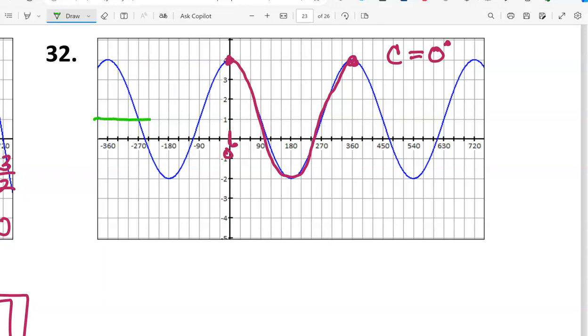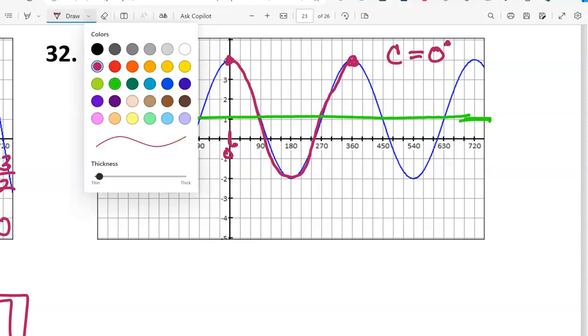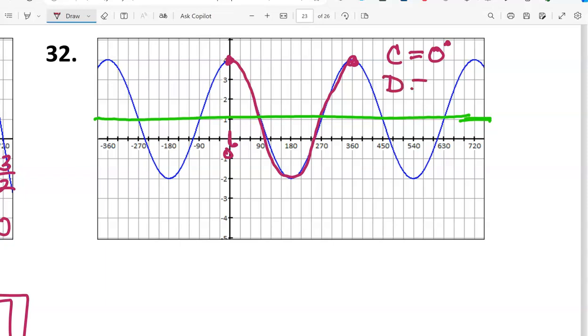The high value is +4, the low value is -2. If I average those two together, that is, add them and divide by 2, that result is going to be d equals 1, and you'll see that horizontal line at d equals 1 is going to travel right down the middle of this cycle.